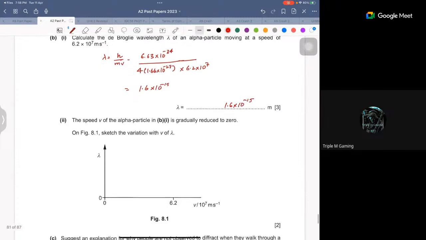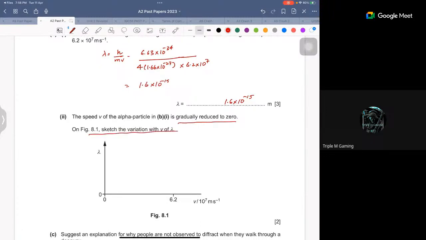The speed of the alpha particle is gradually reduced to zero. Sketch a variation of lambda. Lambda is inversely proportional to speed, right? Everything else is constant. So it should be like this, a downward curve. At zero speed, will it have a wavelength? This is interesting.